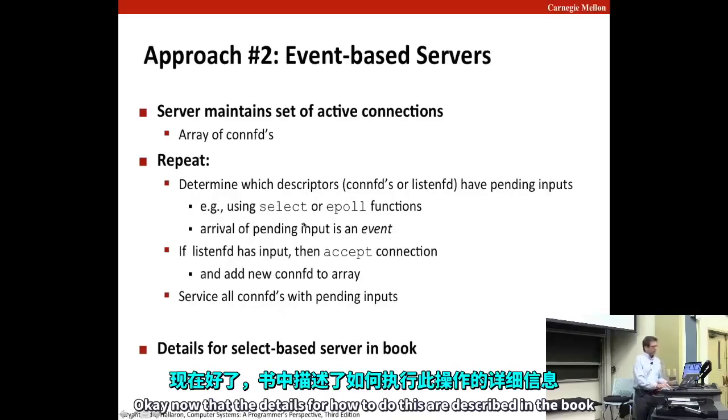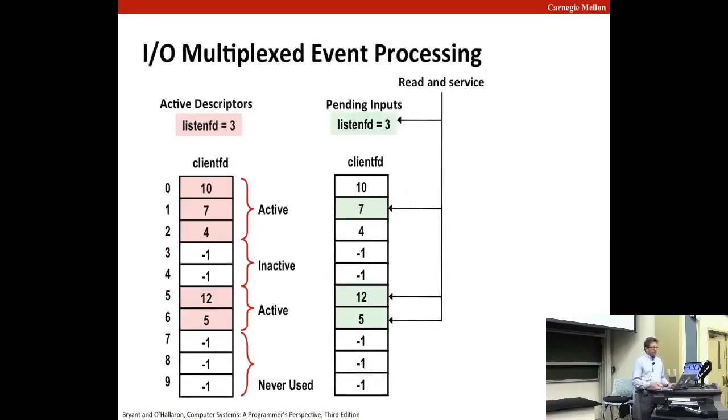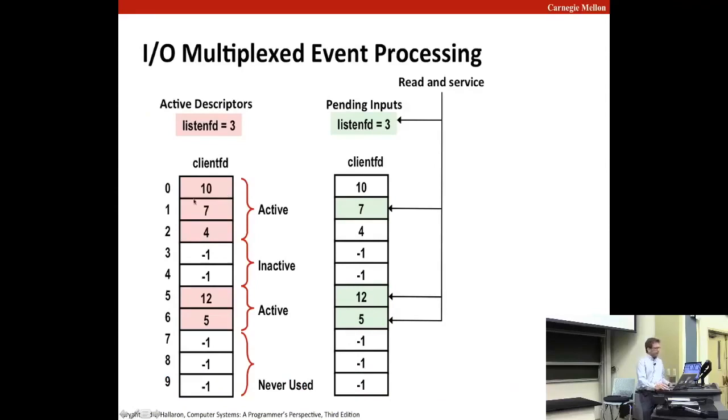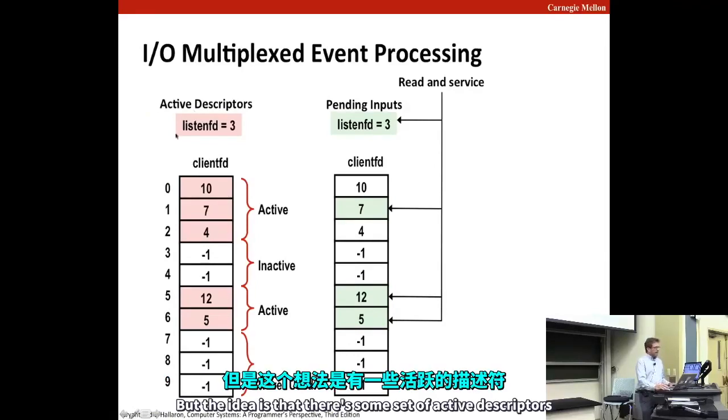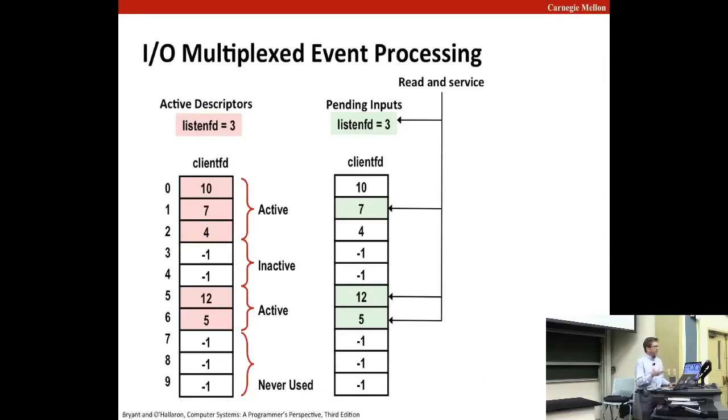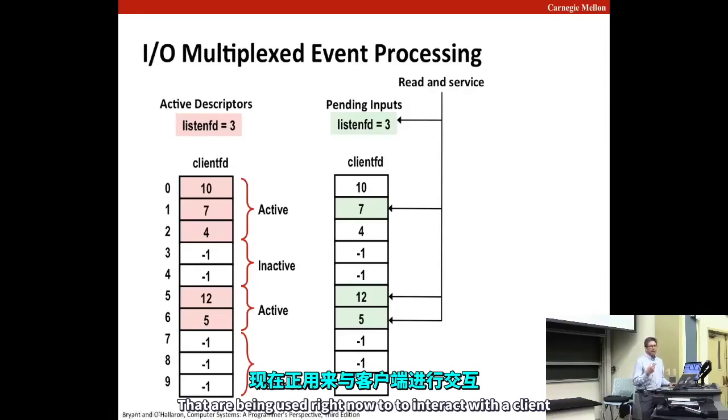Now, the details for how to do this are described in the book. Conceptually it's pretty simple, though it's actually tricky to implement. The idea is that there's some set of active descriptors, connected descriptors that are being used right now to interact with a client.